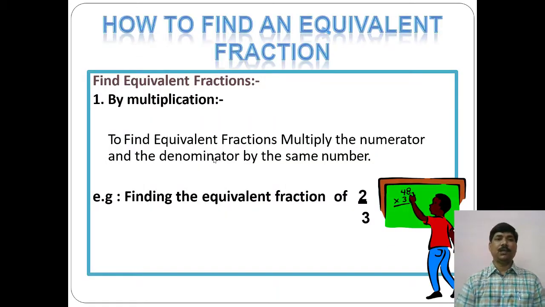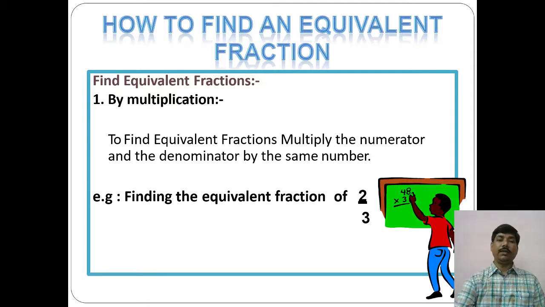The next topic: how to find an equivalent fraction? Now the question, how can we find the equivalent fraction? To find an equivalent fraction, we will adopt two methods. First by multiplication and second by division. So first we discuss multiplication.